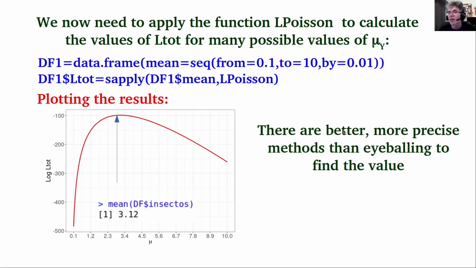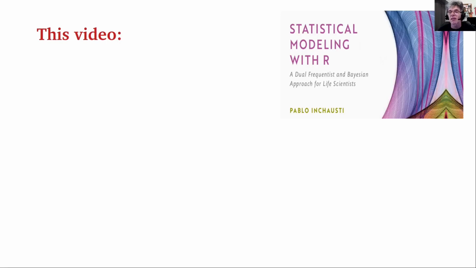There are certainly much better and more precise methods than eyeballing the likelihood surface to find the value that maximizes this distribution. But at least this gives you a gist of how this numerical estimation of the maximum likelihood is carried out by software.